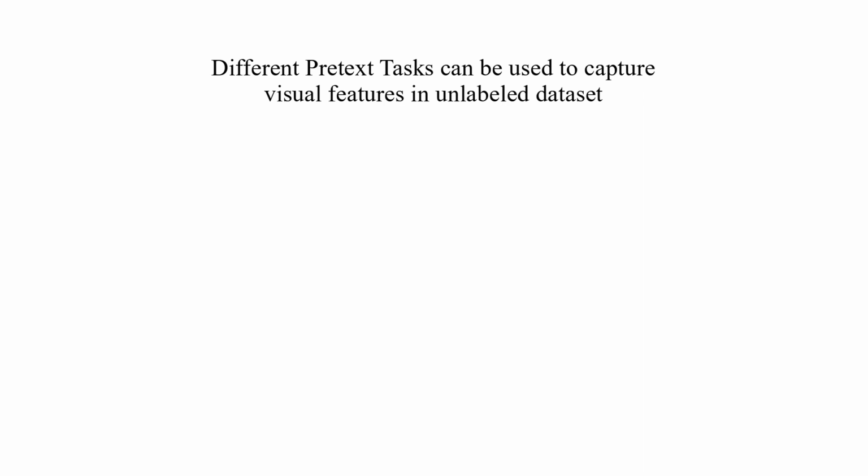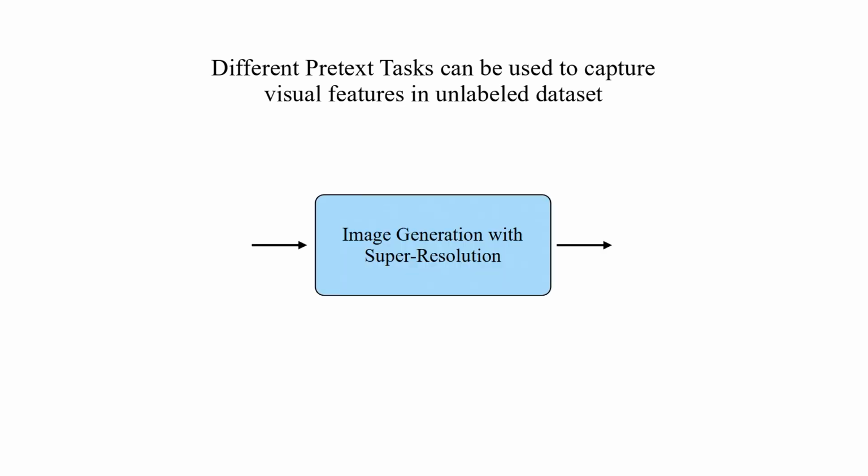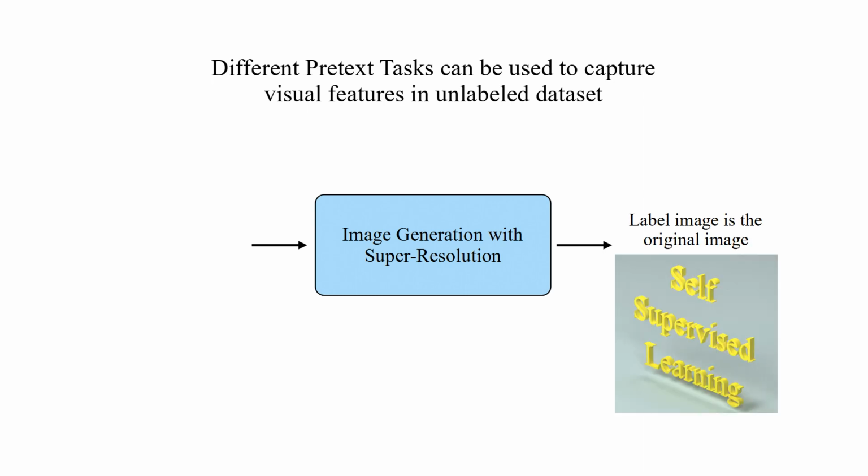Different Pretext tasks can be used to capture visual features in unlabeled dataset. In image generation with super resolution, label image is the original image.